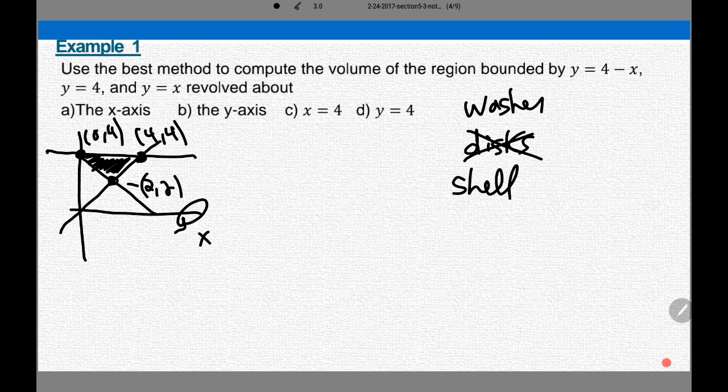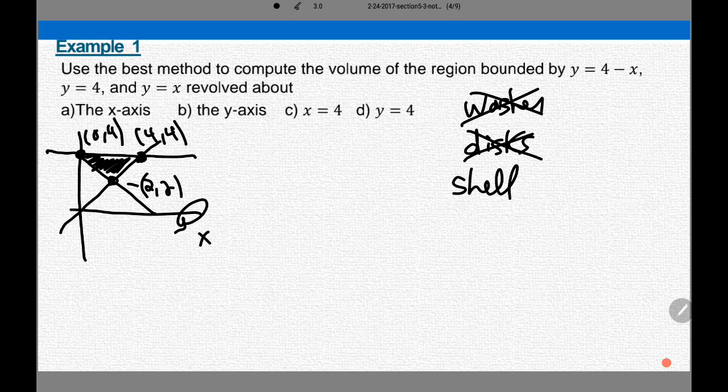Alright, and since I don't change nicely from my functions and I'm rotating about the x-axis, I could, if I was going about the y, use the washer method, and we'll see that in part B. But since I've got this nice space down here and I'm going about the x-axis, cylindrical shells actually make the most sense here.